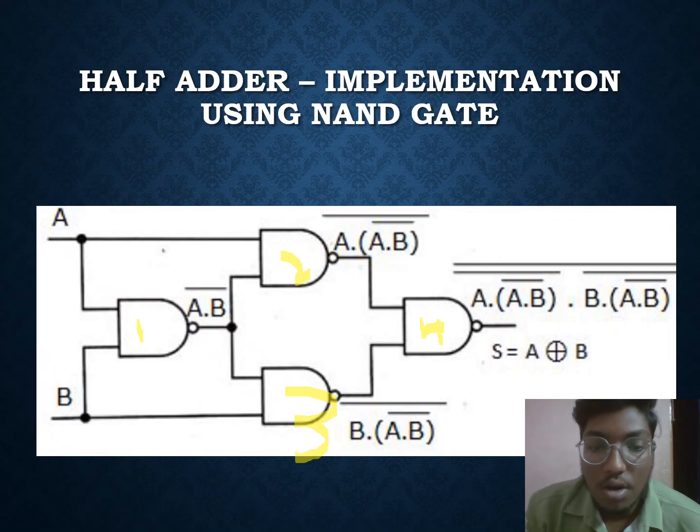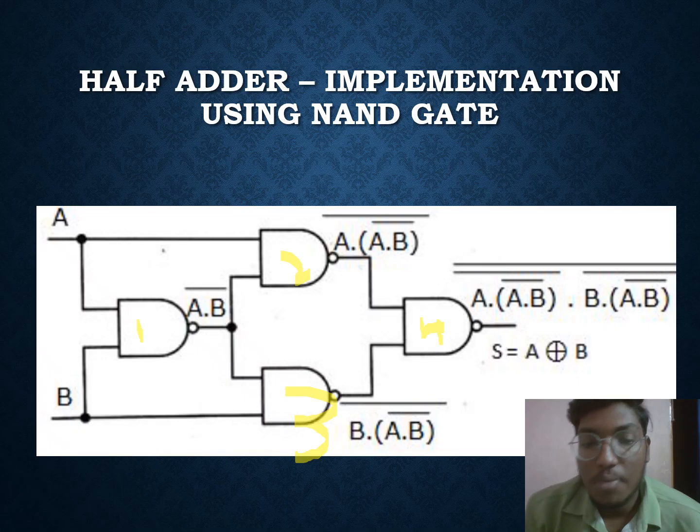For the second and third logic gates, we give one input as (A B) bar, and for the second we give another input as A, and for the third logic gate we give another input as B. The output of the second gate is (A into (A B) bar) whole bar, and the output of the third gate is (B into (A B) bar) whole bar.